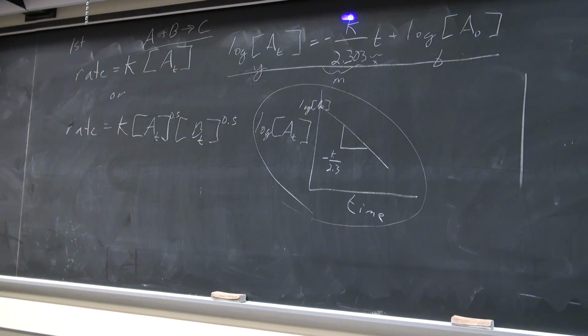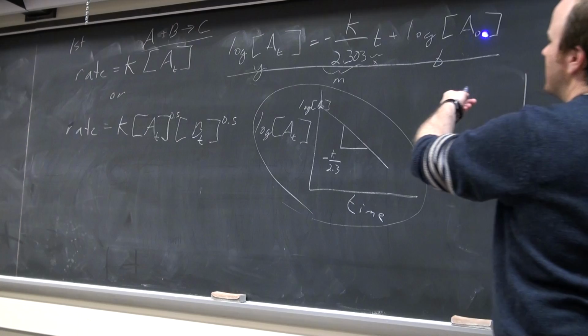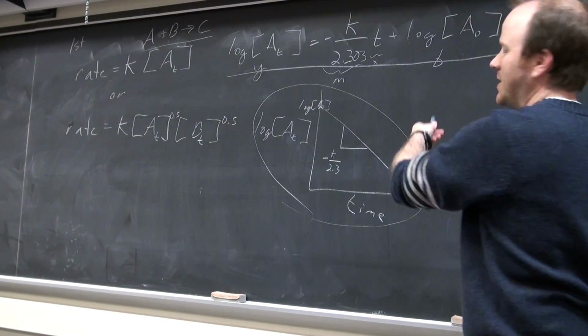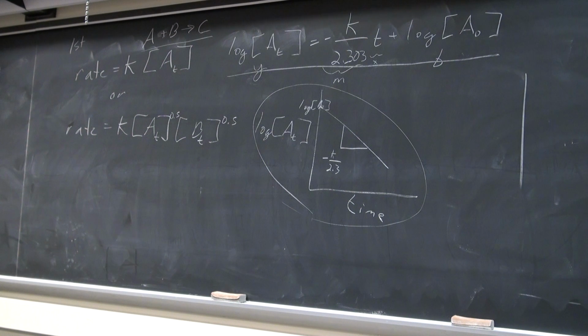And so this thing right here tells you how you should make the plot. It's no secret how this plot is constructed. You just need to look at this equation and figure out y, m, x, b. So that's why linearization of equations was important in order to figure out what's going on here.